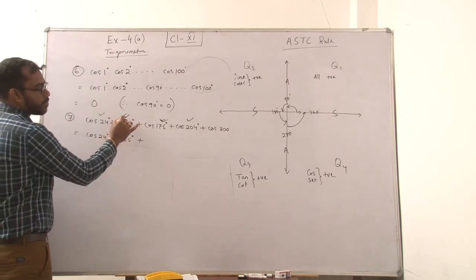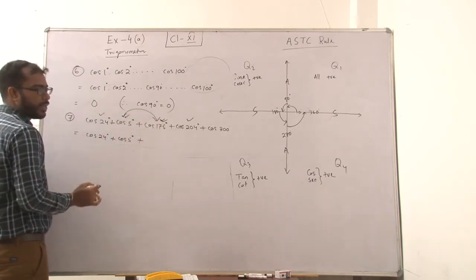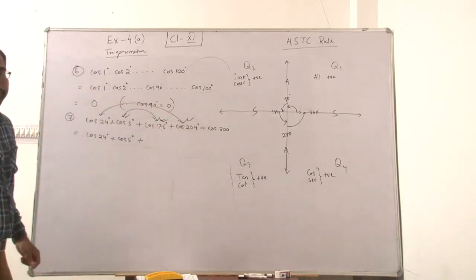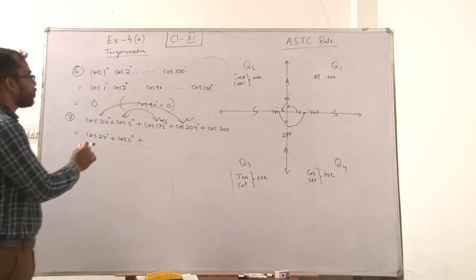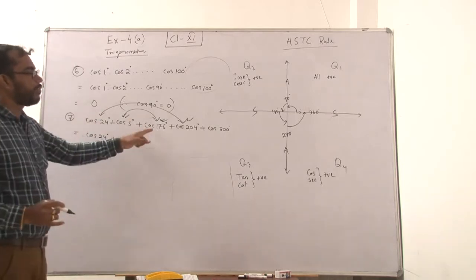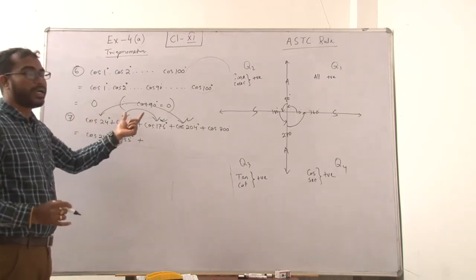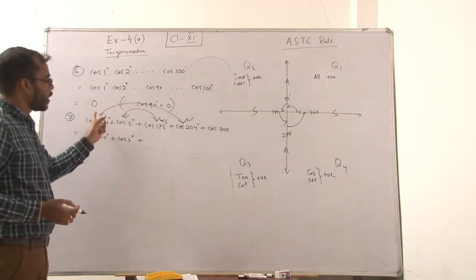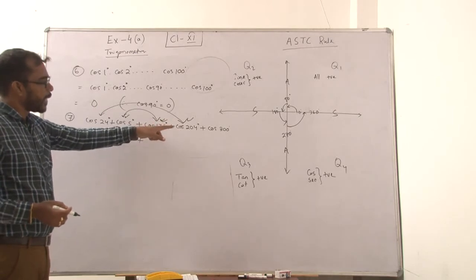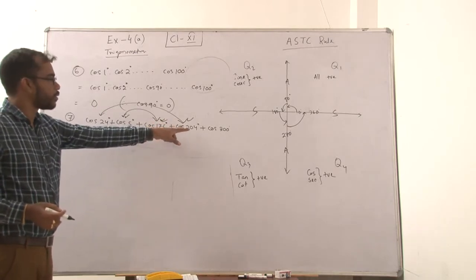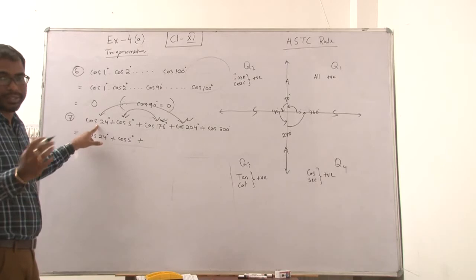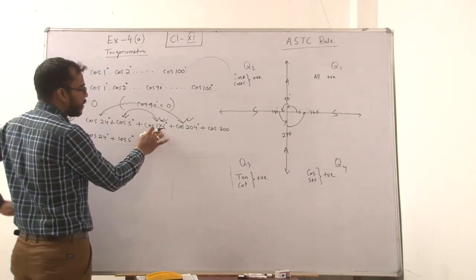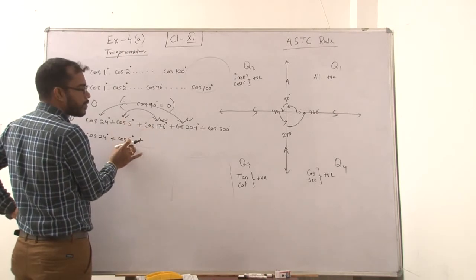Here you can see cos 5 degree is related to cos 175 and cos 24 is related to cos 204 degree. So you can break the T ratio which is related to another. We break the value of cos 204 because cos 204 and cos 24 are related.